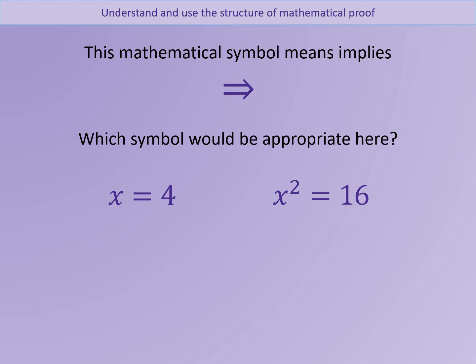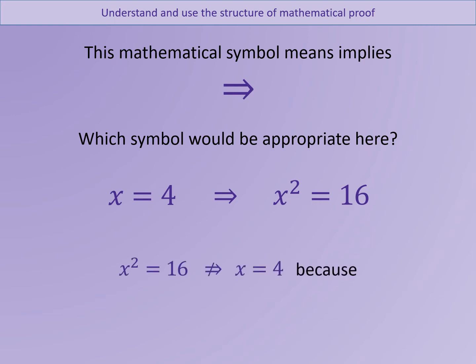Here's another example. What symbol would we use in this particular example? So we've got x equals 4, we've got x squared equals 16. What symbol would we use between these two equations? Well, it's certainly true that if x is equal to 4, it implies that x squared is equal to 16.